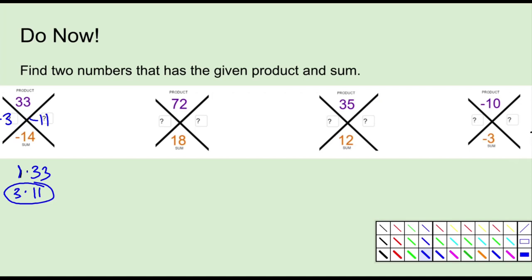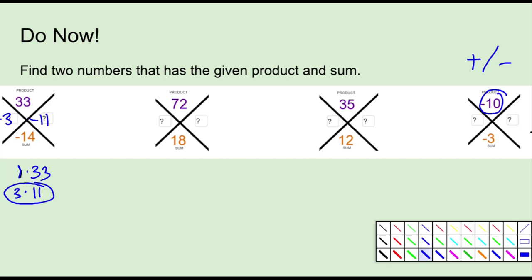And think about it. You should know by now that if the product is a negative, one will be positive, one will be negative. For instance, in the last problem, this is a negative 10. So I already know that one of my answers is going to be a plus and one of them is going to be a minus. All right.